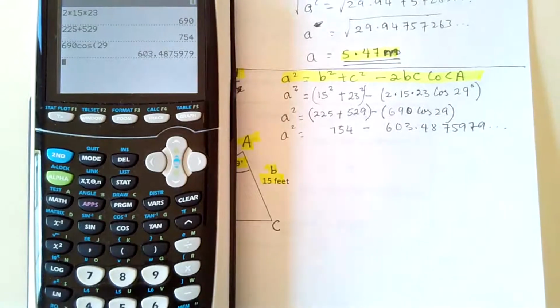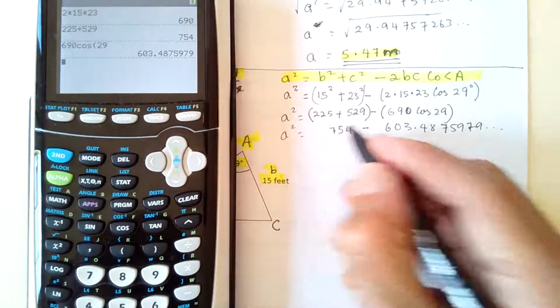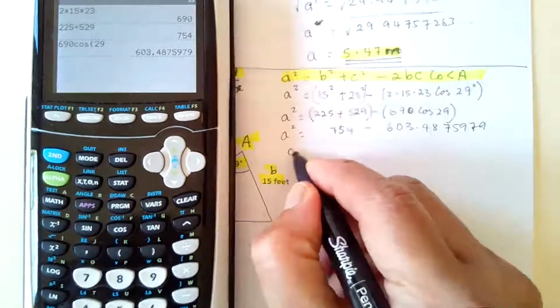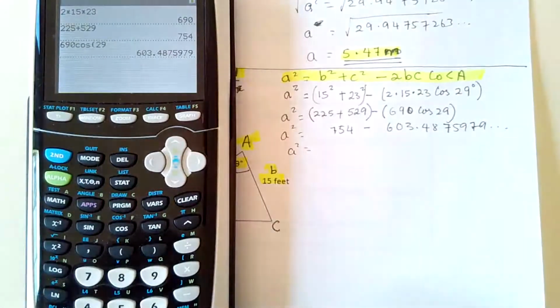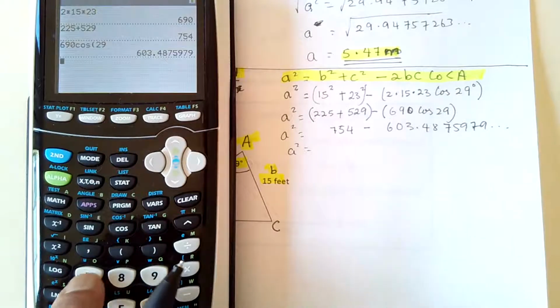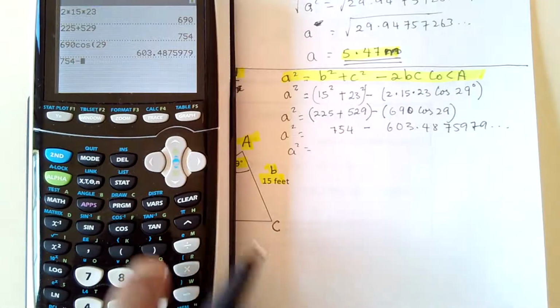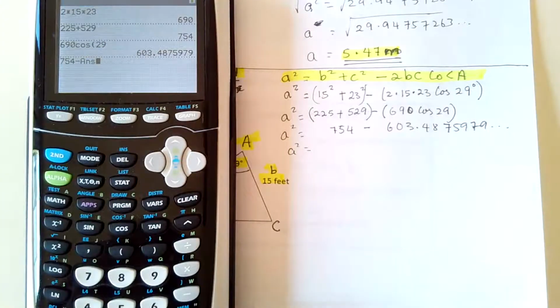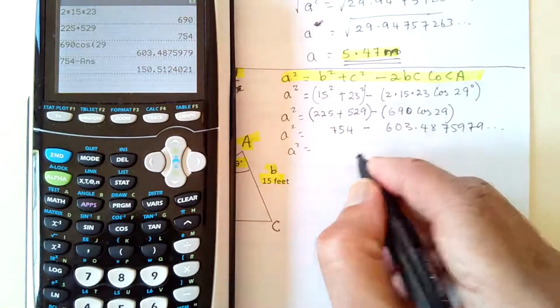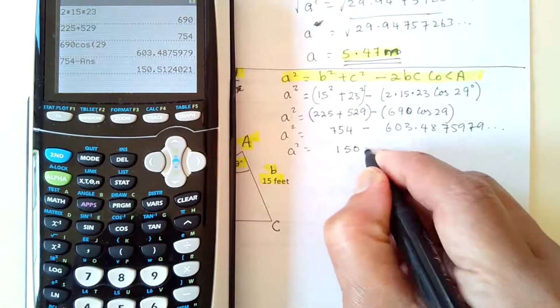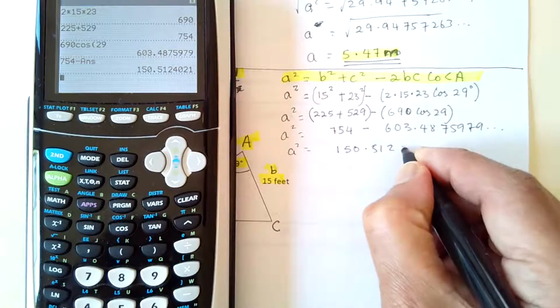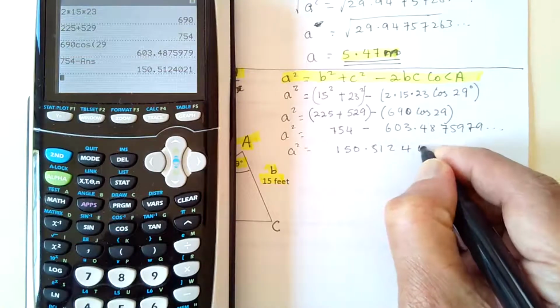That goes on. I will simplify the right side. 754 minus 603.4875979 is 150.5124021.